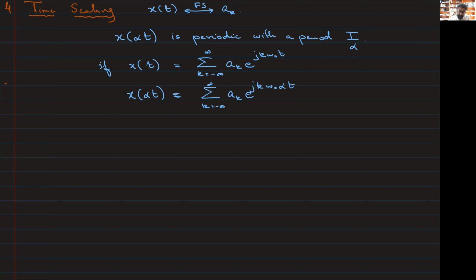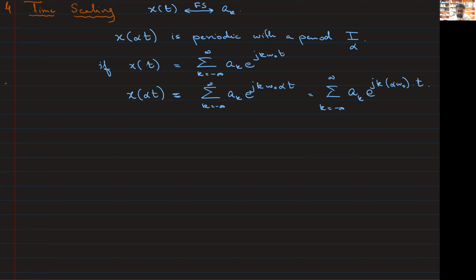After some manipulation, this is a sub k, this is e raised to the power j k, and then alpha times omega naught times t.